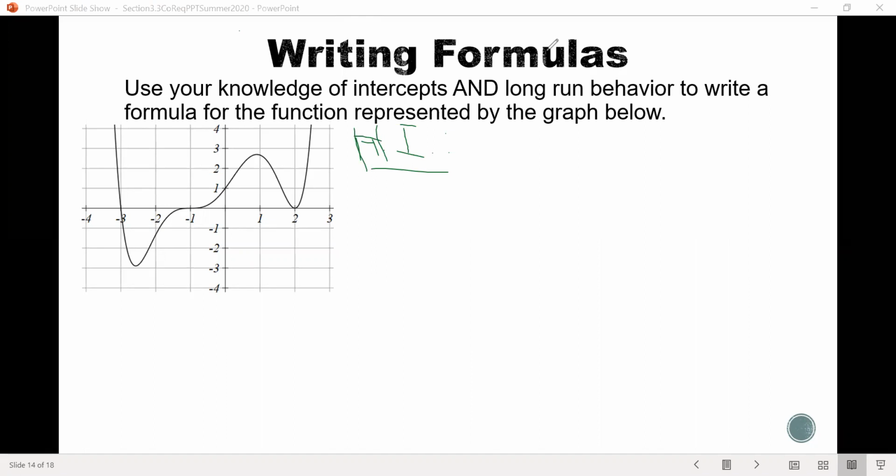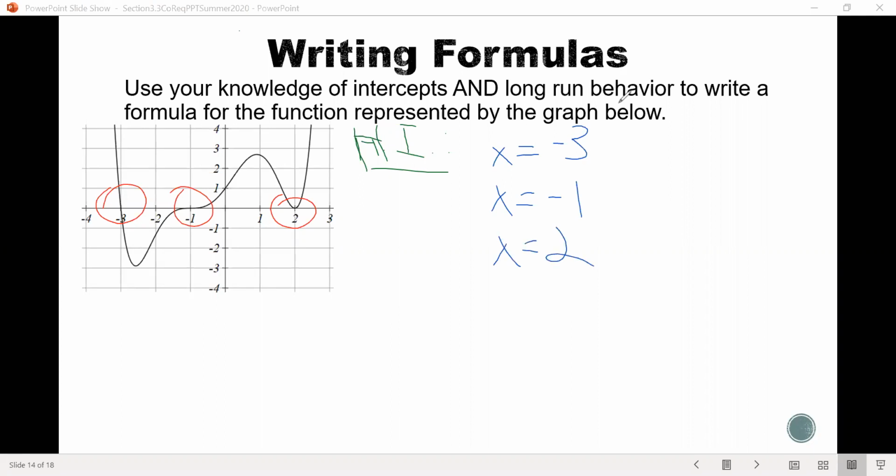Looking at our graph, it looks like we have 1, 2, 3 horizontal intercepts. We're not told what the variables are here, so we'll assume that they're x. We have horizontal intercepts at x equals -3, x equals -1, and x equals 2.